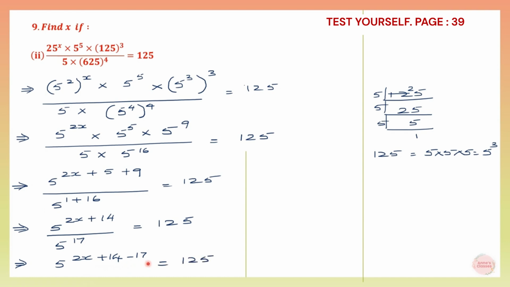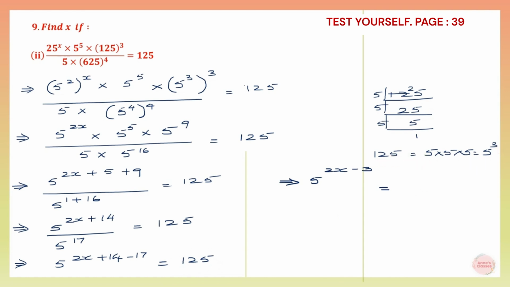Now let's simplify this. 2x will remain the same. We can do 14 minus 17. Signs are different, so put the sign of the bigger number and subtract. That is 17 minus 14, which is 3, minus 3. So this is now going to become 5 raised to the power of 2x minus 3 is equal to, now instead of 125, we are going to write 5 raised to the power of 3 as we got it here.